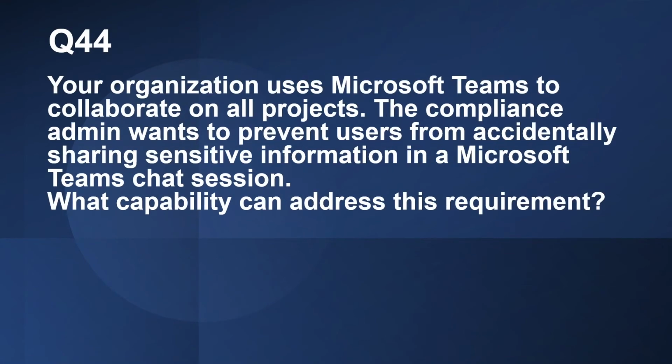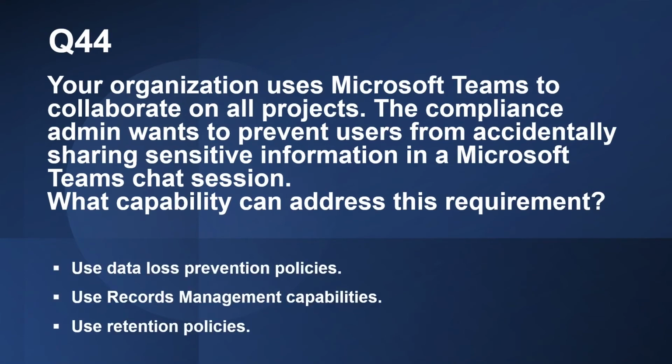Question number 44. Your organization uses Microsoft Teams to collaborate on all projects. The compliance admin wants to prevent users from accidentally sharing sensitive information in a Microsoft Teams chat session. What capability can address this requirement? The options are use data loss prevention policies, use records management capabilities, use retention policies.